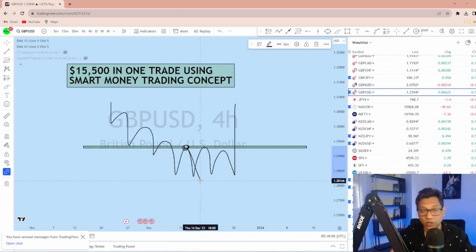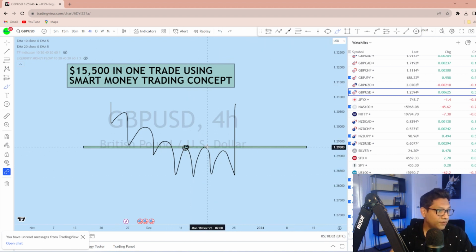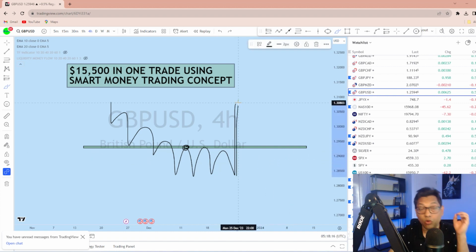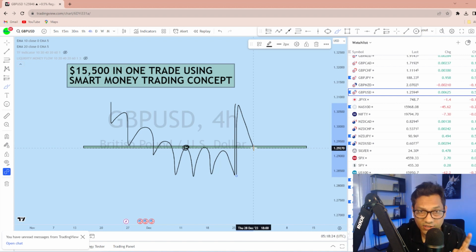From that zone we saw selling happen, which is a very important supply area, and we saw another selling happen, and whenever the price went to the supply area, price dropped down. Then finally the market was able to break out from that structure, and then what we can expect is a retest of that supply area as a demand area.